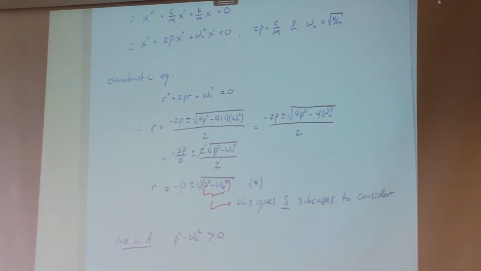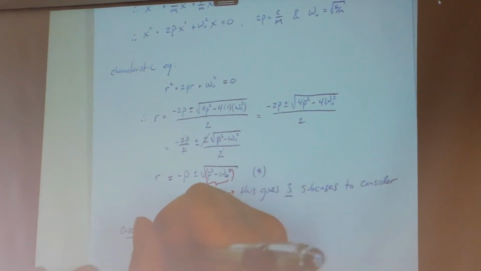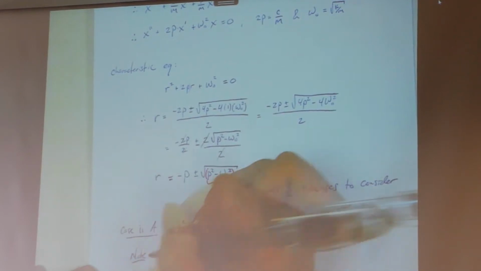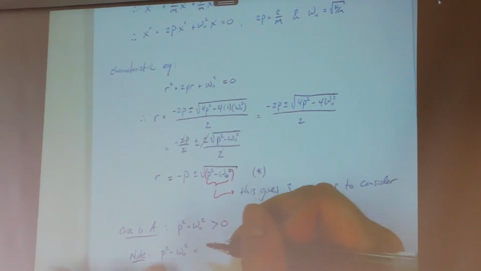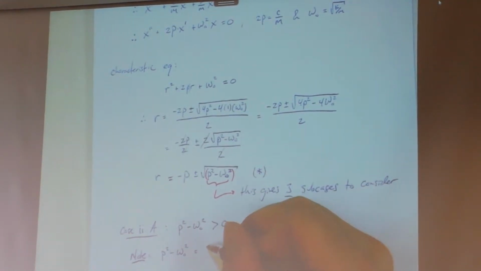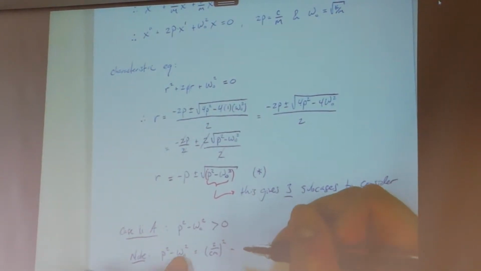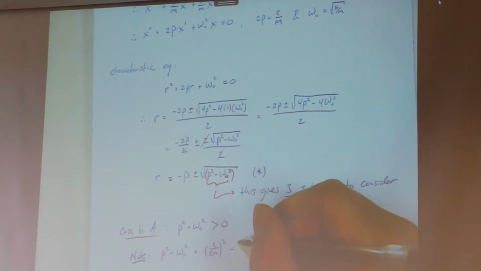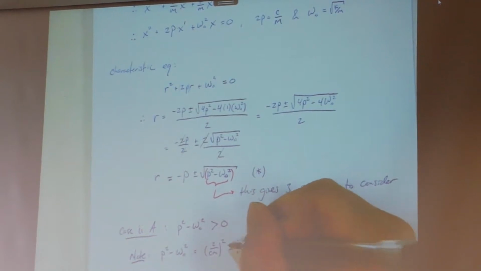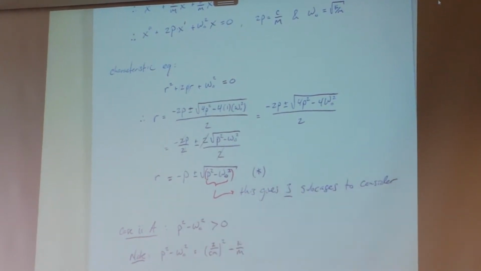Two real solutions. And let's explore that a little bit. So just again, to expand this p squared minus omega naught squared, remember what we called p was c over 2m. So p squared minus, and omega naught squared is just k over m.